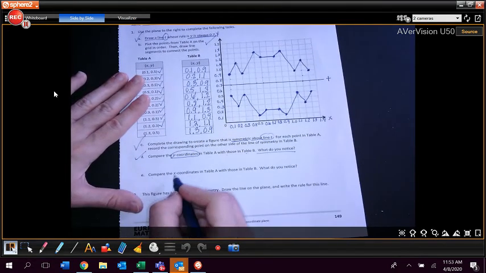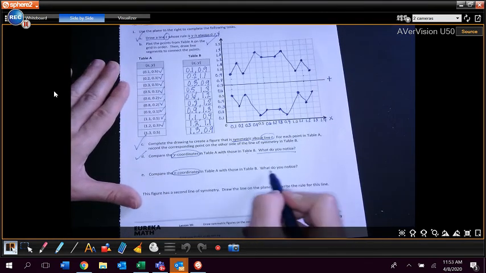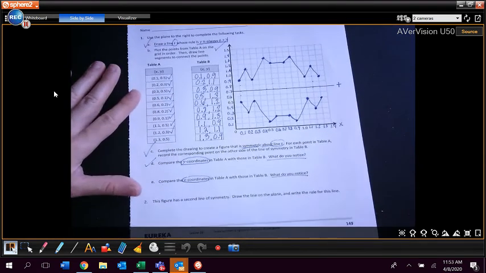Now, if you look at E, compare the x coordinates. So now we're going to look at the x. And what do you notice about those? Look at your x. I think we all notice the same thing for this one. This one, for the y, was a little bit different because there were different things you could notice.